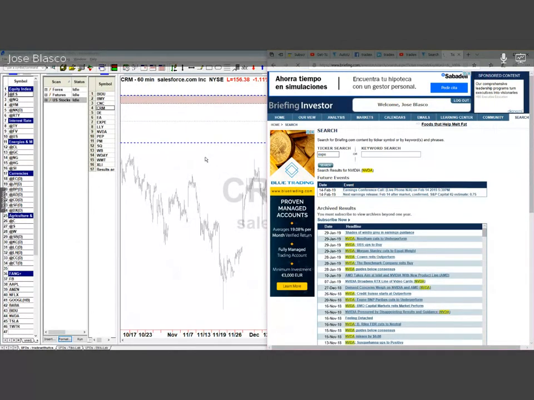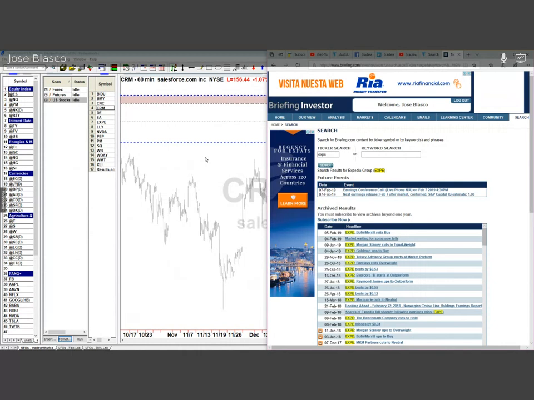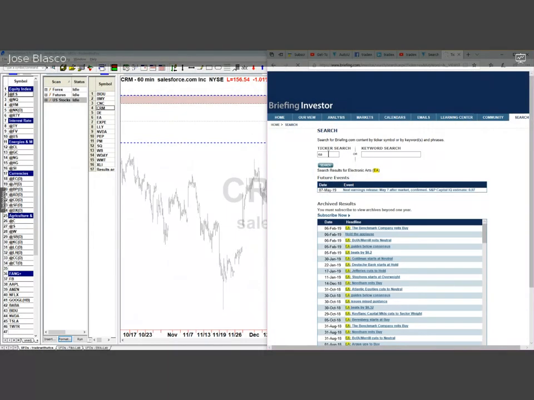Expedia, what happens with Expedia? Expedia is February 7, so definitely not a good choice for us. What else do we have? EA, Electronic Arts, May 7.